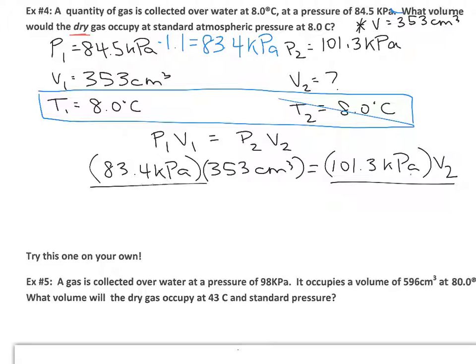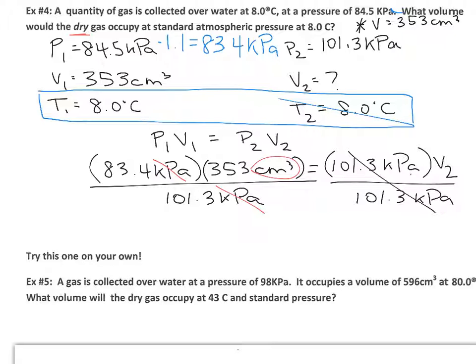And so when I rearrange this, I'm taking away my pressure. Okay, so my unit analysis, to make sure that I've rearranged everything properly, kilopascals cancel out with kilopascals, left with centimeters cubed, which makes sense since I'm solving for a volume here.